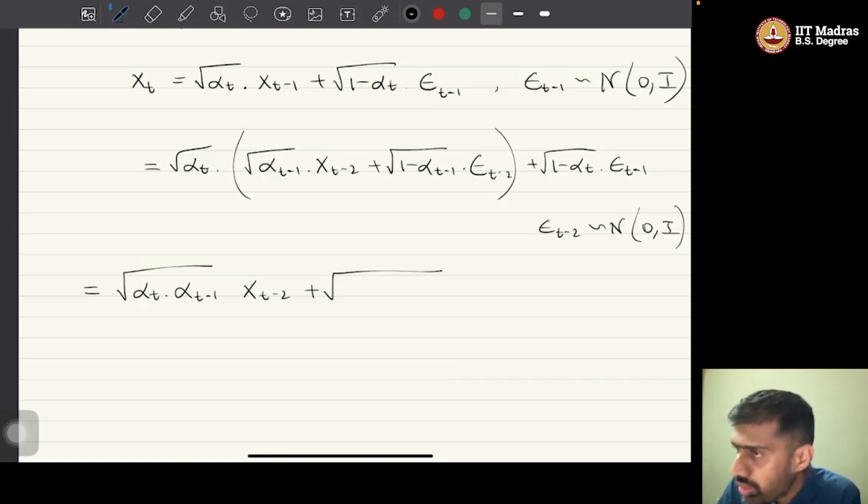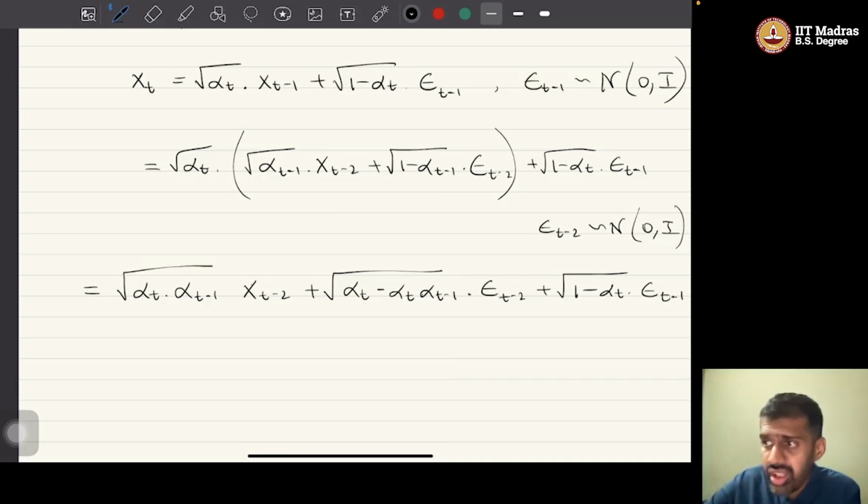So, this is root of alpha t minus alpha t times alpha t minus 1, this multiplied by epsilon t minus 2, plus, you can verify the algebra later, you take it for granted for now. So, this is simply unrolling this off, this times epsilon t minus 1. Okay, this is what we have.